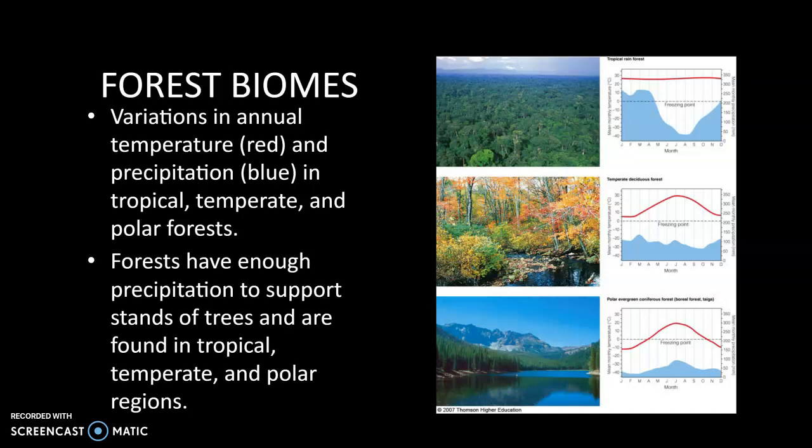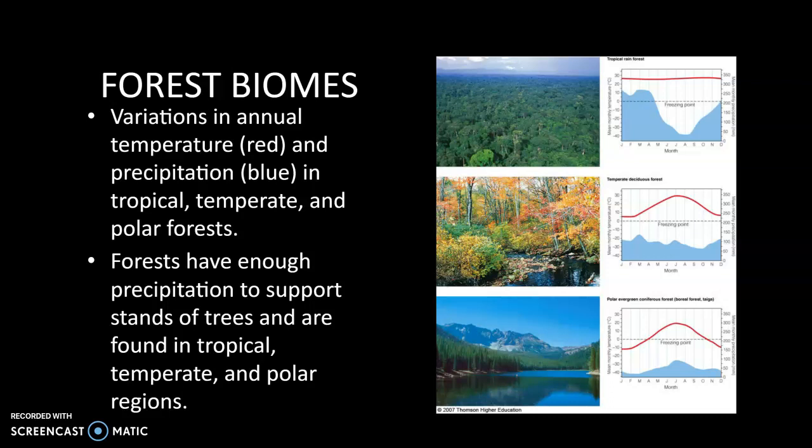Forest biomes, that middle one should look familiar to you. That's us. And you have the tropical rainforest. Notice that temperature is pretty steady all year round. And you can have fluctuations in the precipitation. Don't necessarily have to, but you can. The temperate deciduous forest, that should look very much like us.